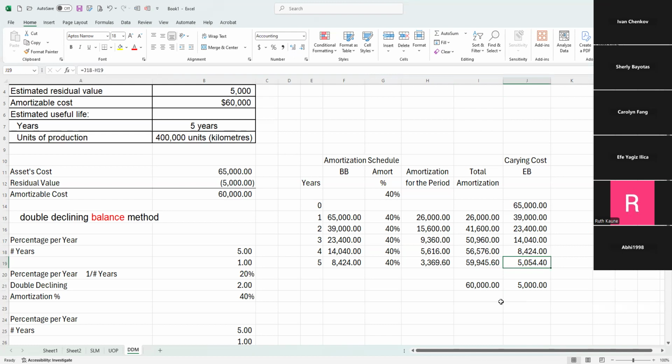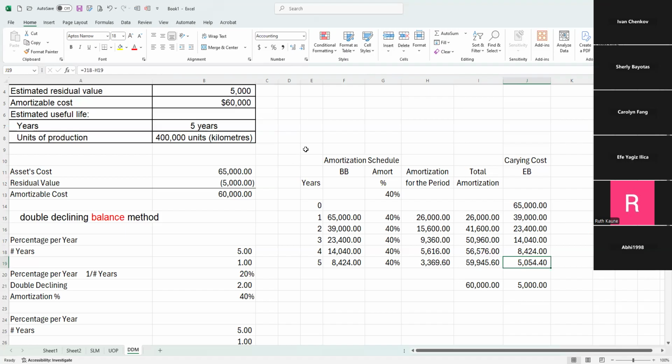Five. Okay, in this case, we're okay, correct? Sounds like we're okay. 40% will be that. This one will be the carrying amount. Carrying amount is going to be this, and then we're going to be okay. Okay, in this scenario, we're okay.